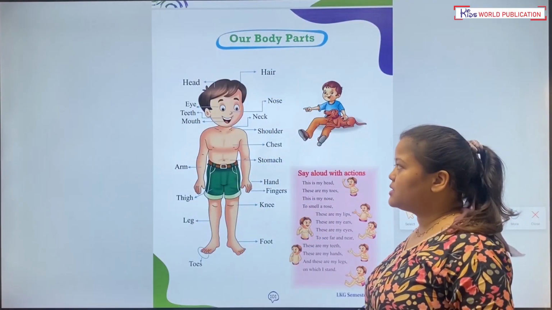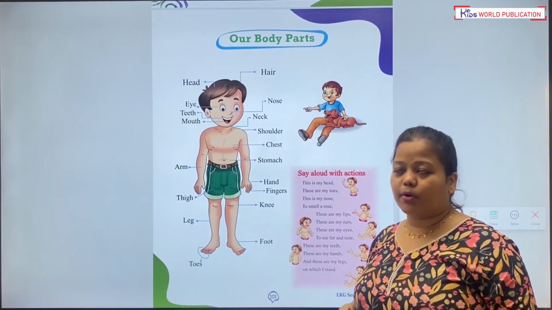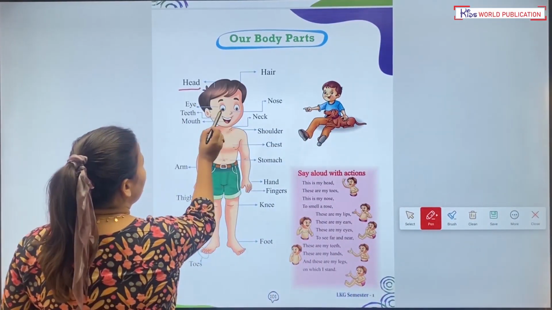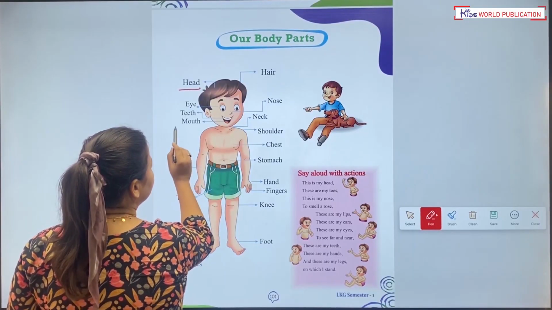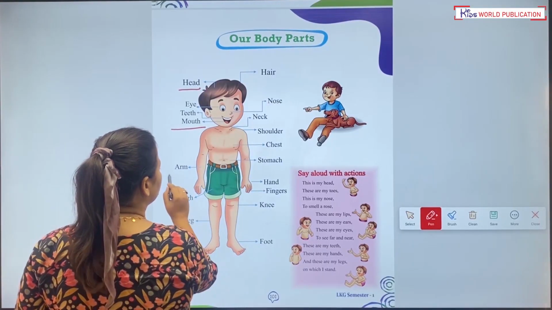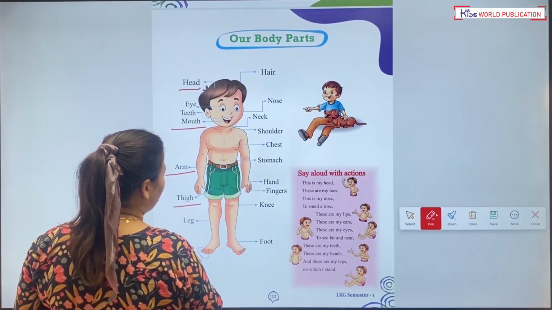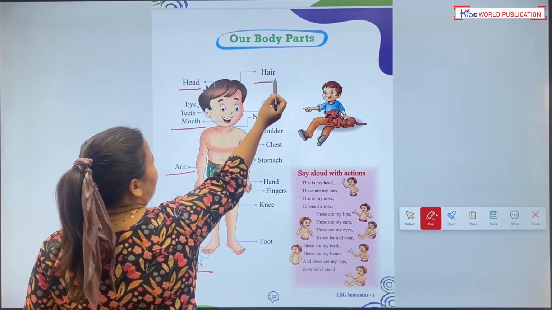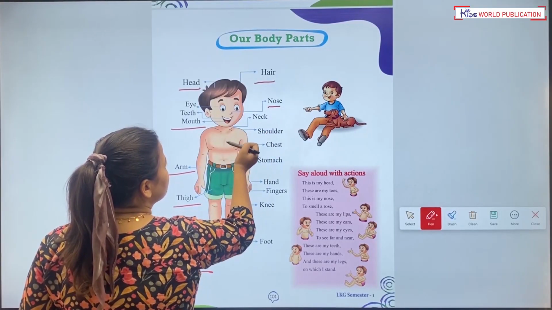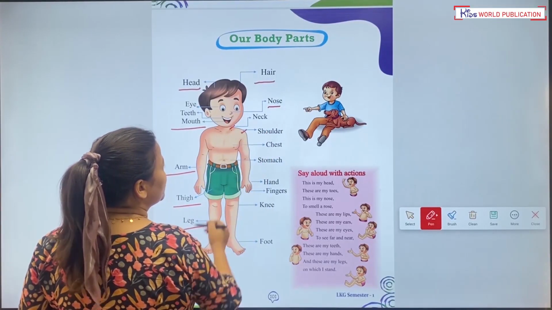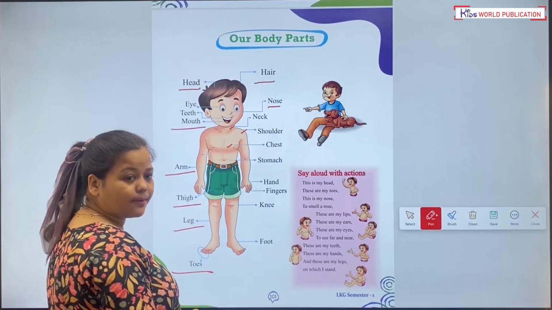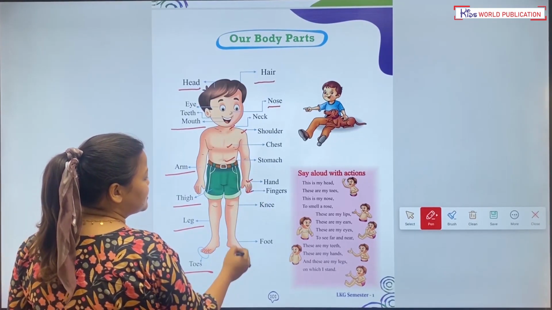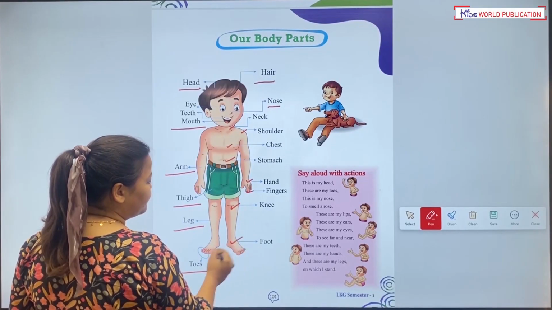Our body parts. So let's learn our body parts. Head, eye, teeth, mouth, arm, thigh, leg, toes, hair, nose, neck, shoulder, chest, stomach, hand, fingers, knee, foot.